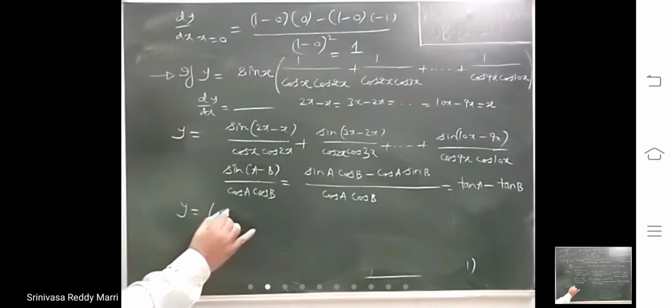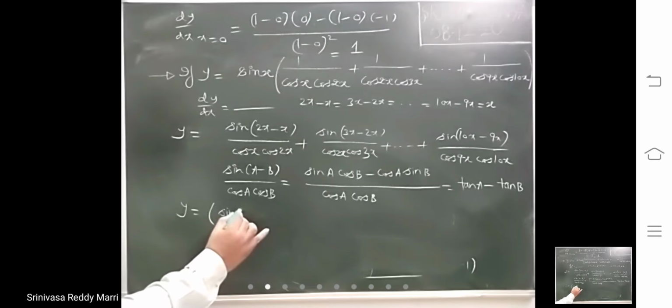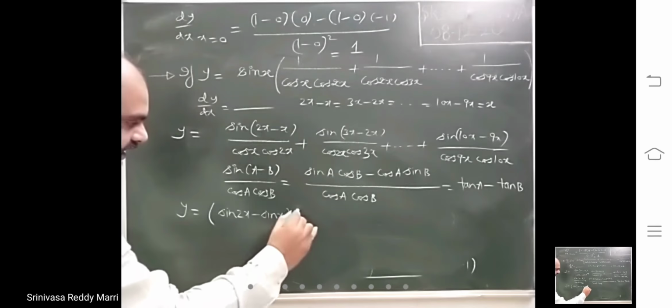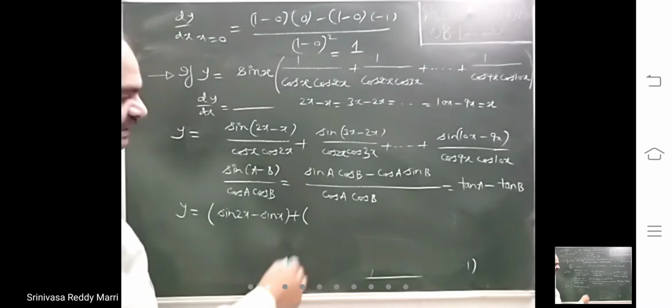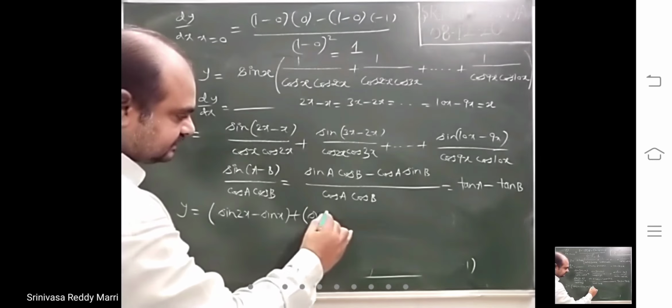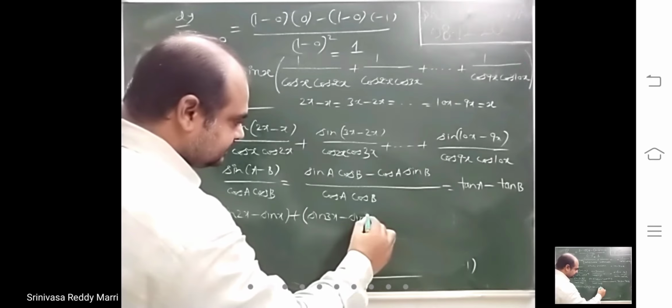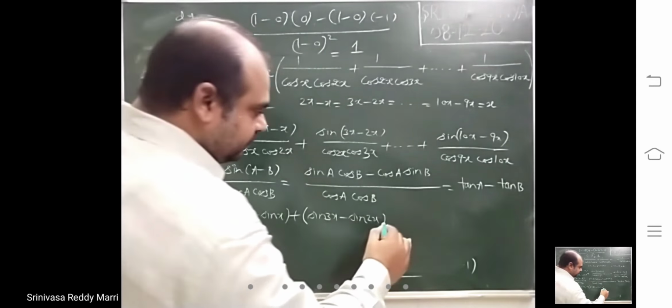That means tan a, sin 2x minus sin x. Next step, sin 3x minus sin 2x.